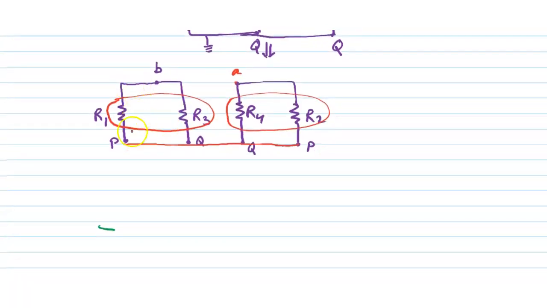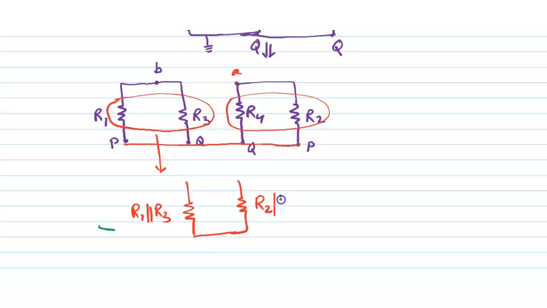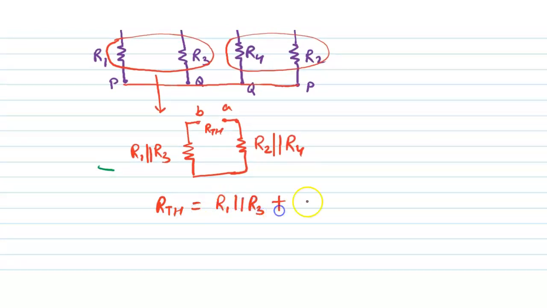The combination will be R1 and R3, and R2 and R4, and RTH will be the series combination of these two, that is, RTH is R1 parallel R3 plus R2 parallel R4.